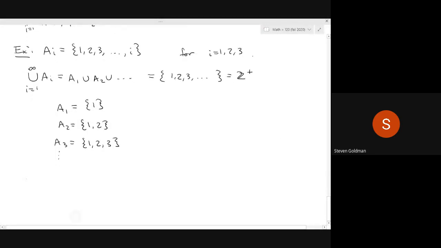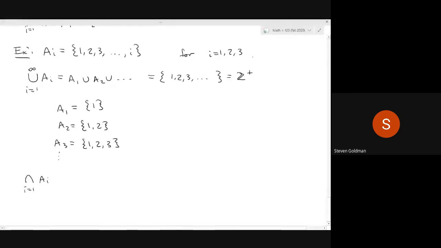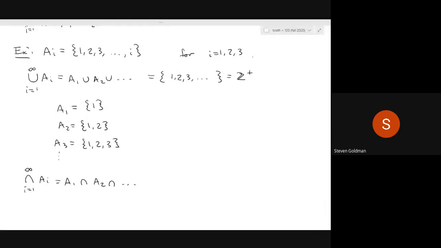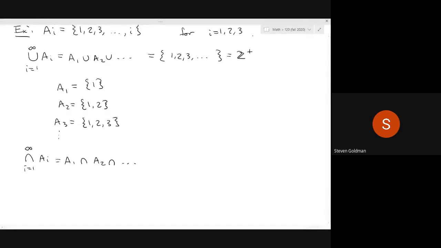What about the intersection of these sets from I equals 1 to infinity? A1 intersection A2 intersection dot, dot, dot. We have a suggestion that the intersection would be the empty set. Let's see if that pans out. So we do the intersection of these sets. I wrote out the first three, but these sets go on forever.